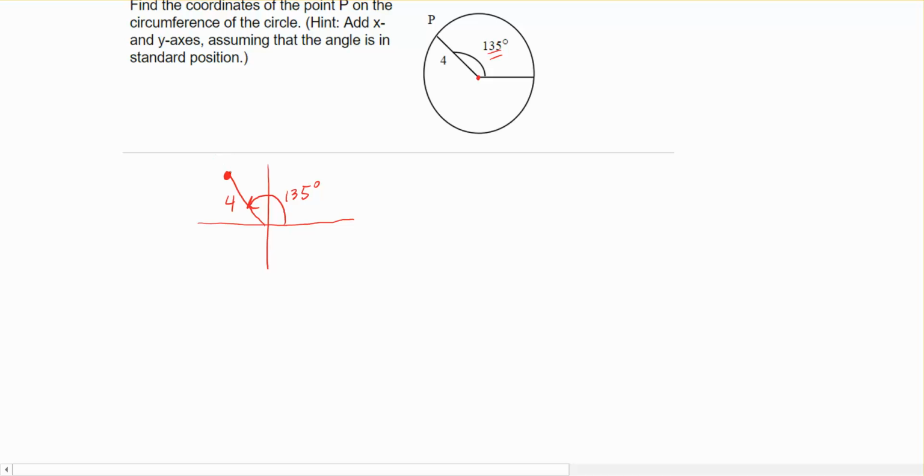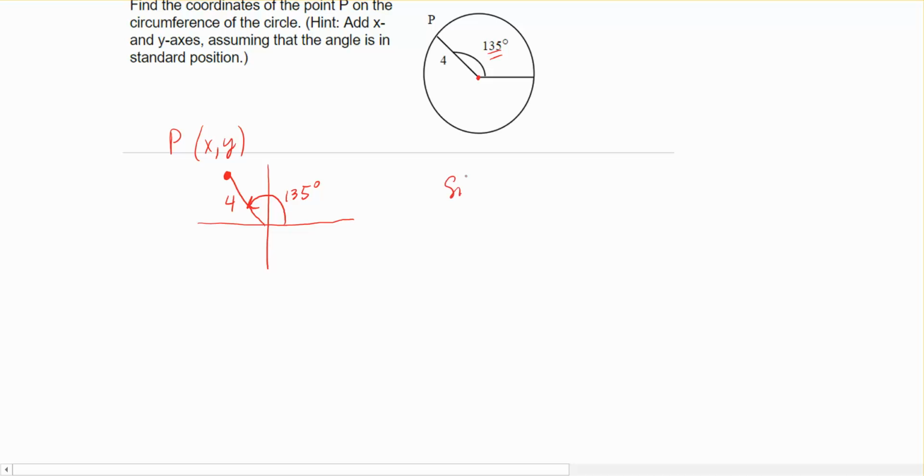Now remember, the coordinates of a point in our XY Cartesian coordinate system are given by an X coordinate along with a Y coordinate. So in other words, P is going to be defined by X and Y. So we want to take just a second and think about our definition of trig functions.